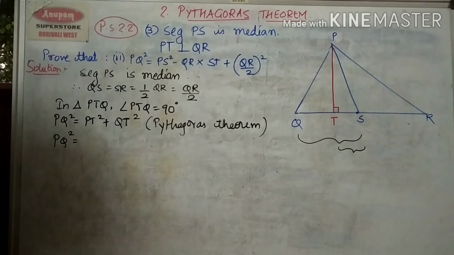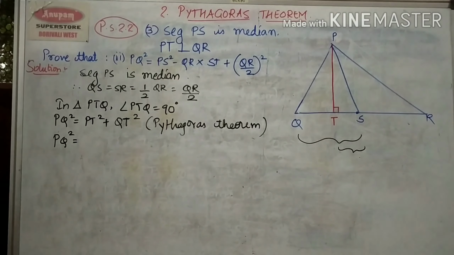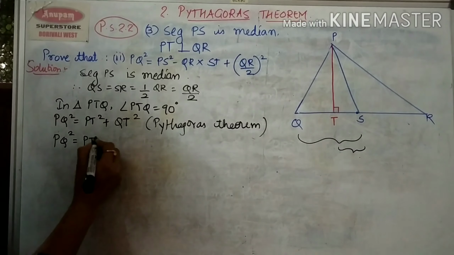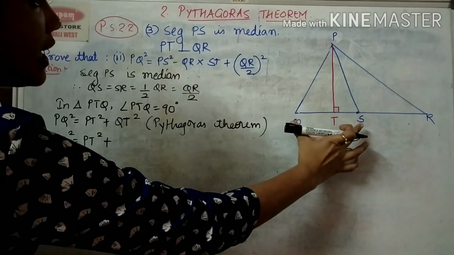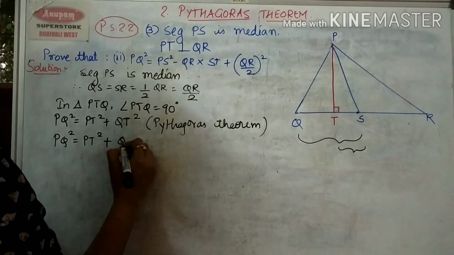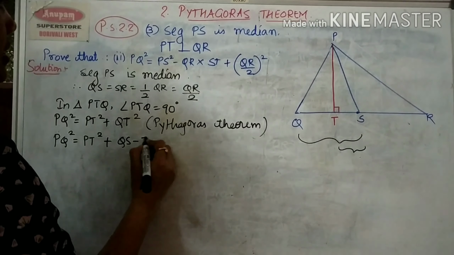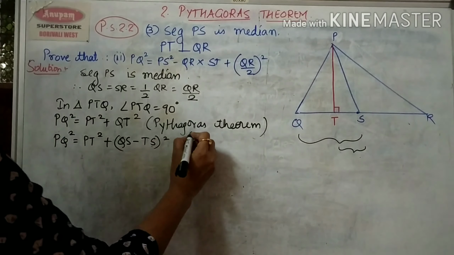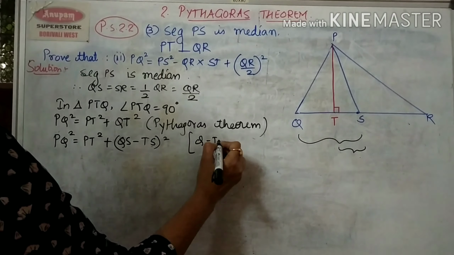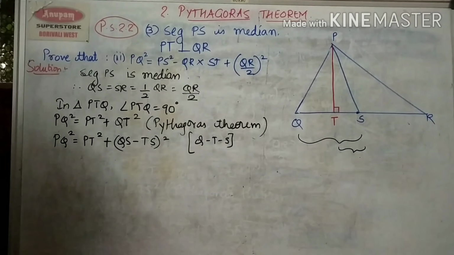PQ square is equal to PT square plus, instead of QT I'll write QS minus TS the whole square. In the bracket I can write this since T is in between Q and S.